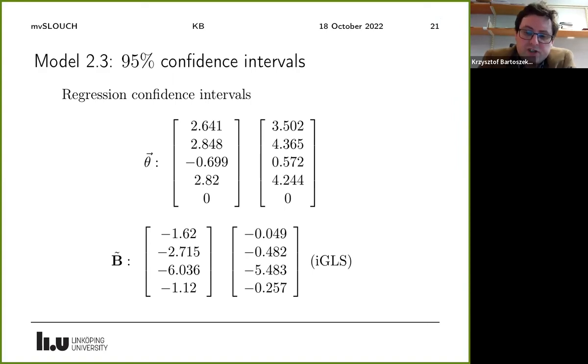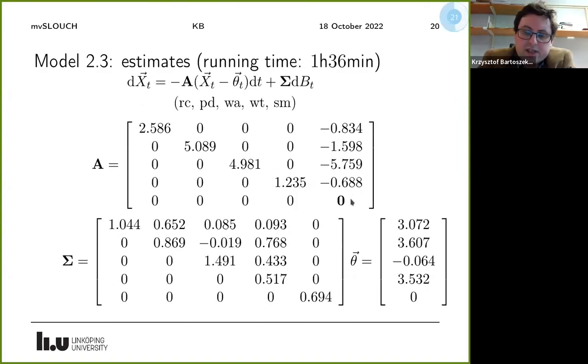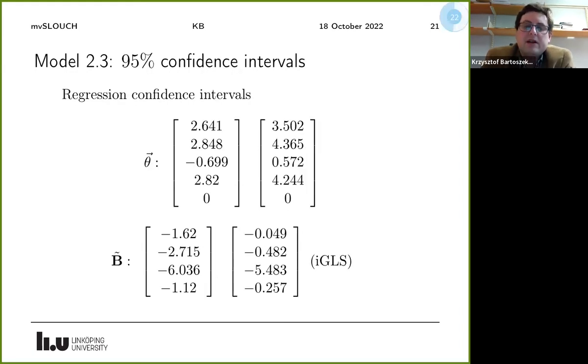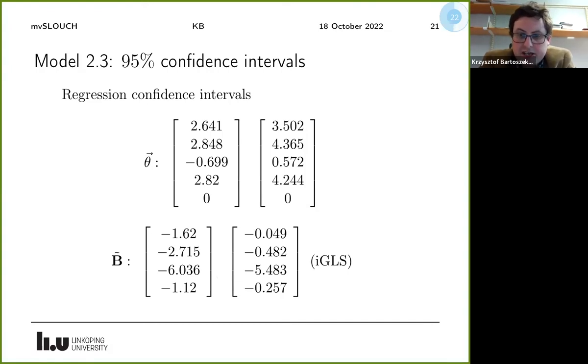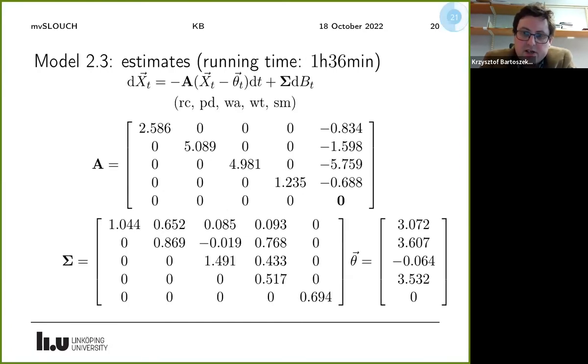What is interesting in the model where some variable is assumed to behave as a Brownian motion is that these parameters, the way it influences the other variables, enter the conditional expectation for these other variables in a linear fashion, so one can use an iterated GLS to estimate these things.